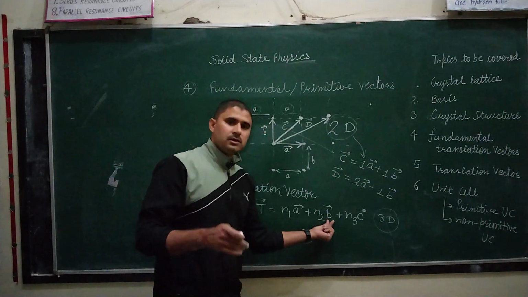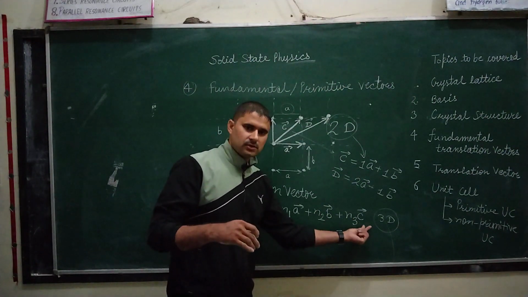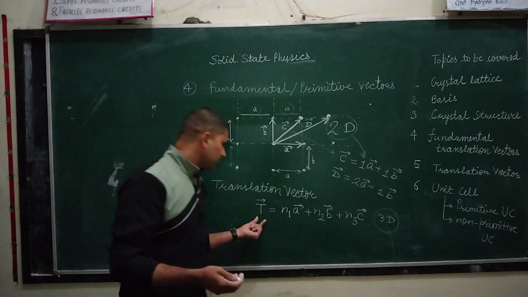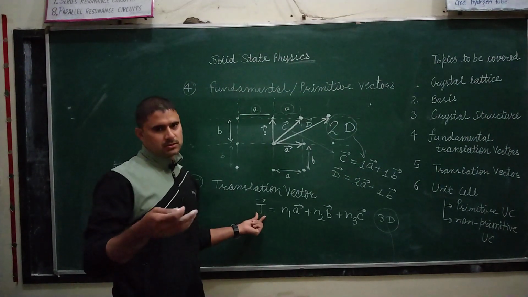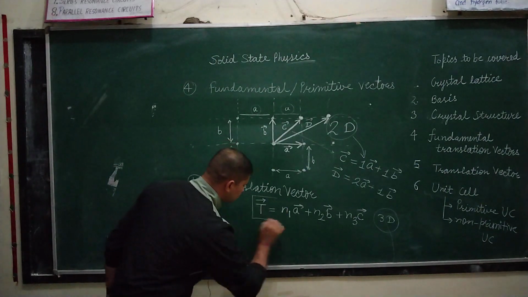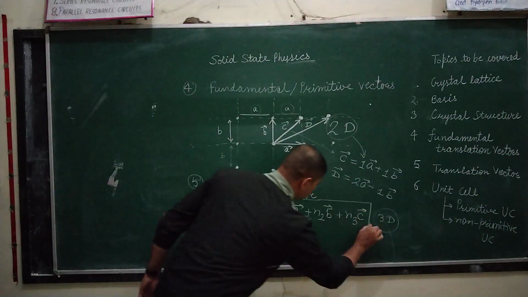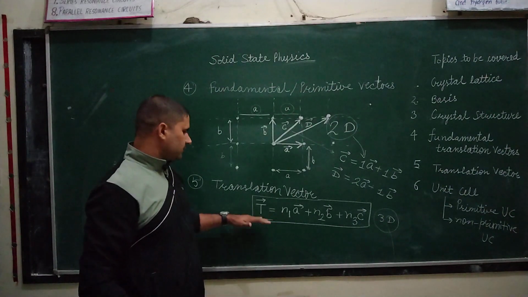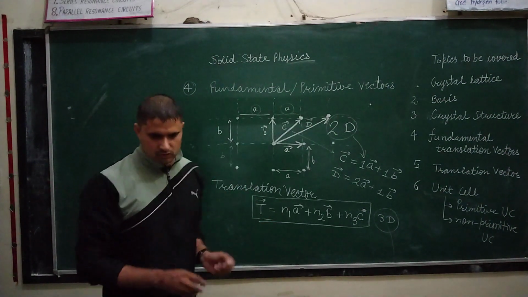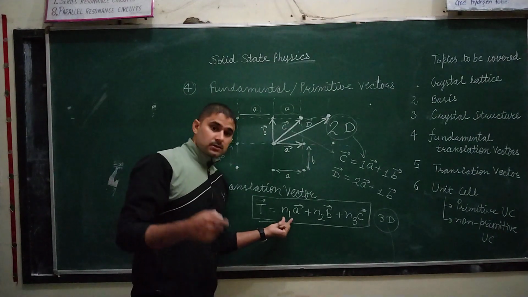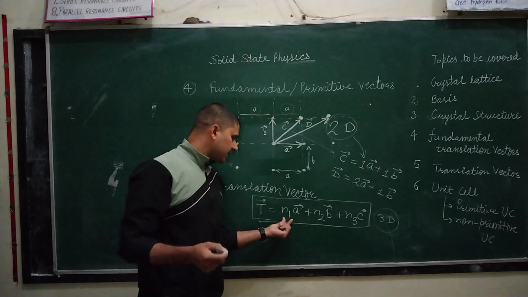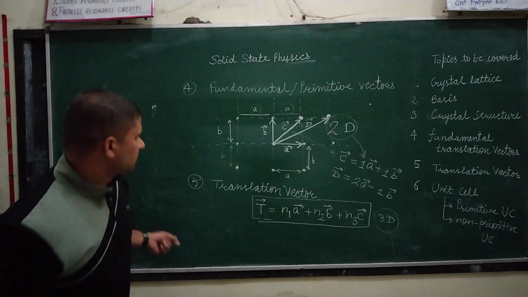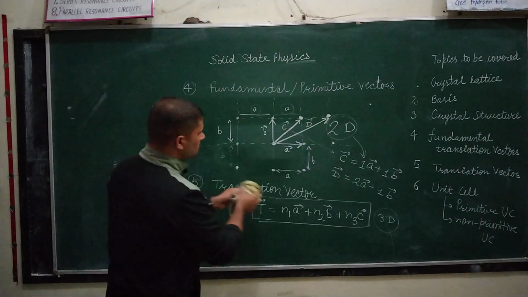You cannot write B in terms of C, or C in terms of A. But their combination will represent a translation vector. So this is the thing. Now to understand the translation vector a little more, and what values can be acquired by n1, n2 and n3, we will see here.